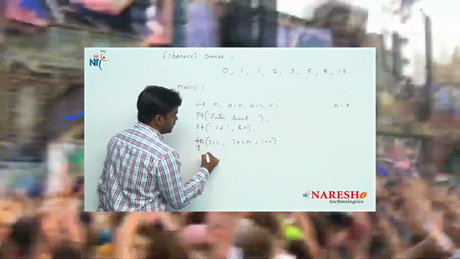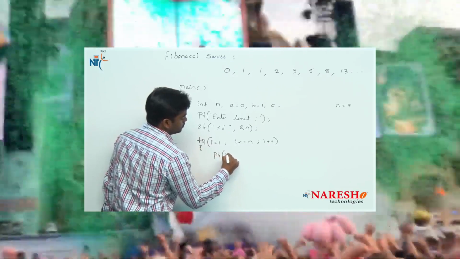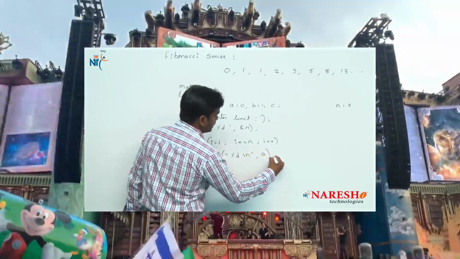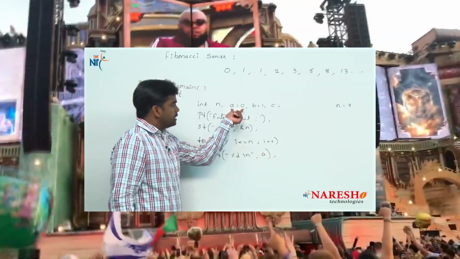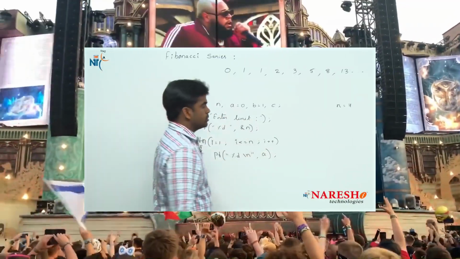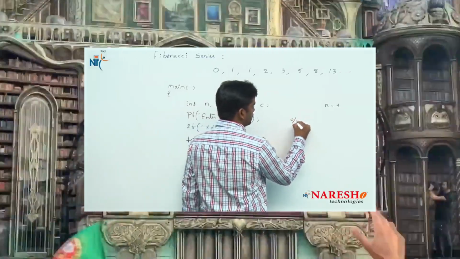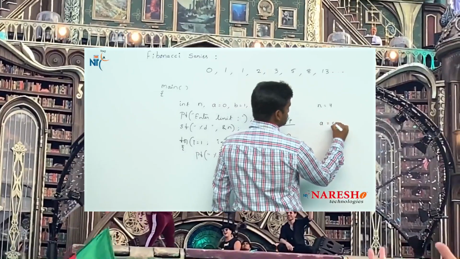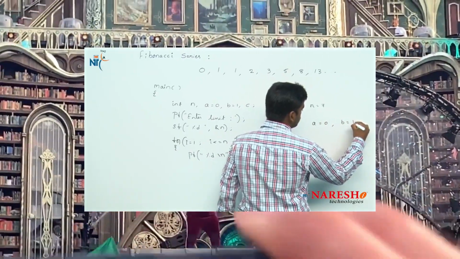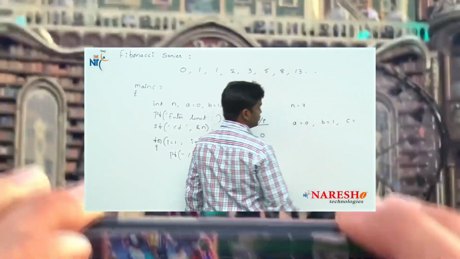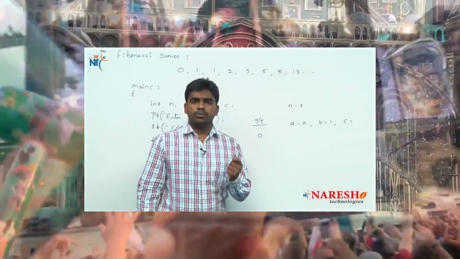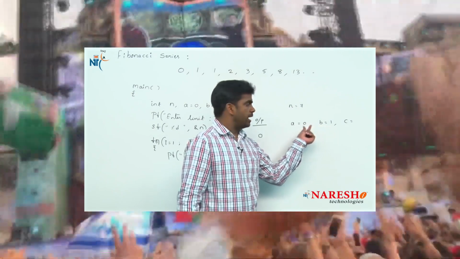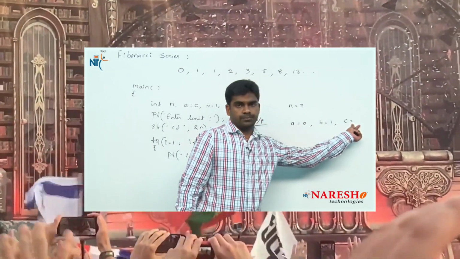First of all, directly print the a value, printf %d of a. What is the a value? Initially we took 0, so in the output it will first print 0. Here the a value is 0, the b value is 1, and c equals a plus b. So just add a and b and store the value into c.